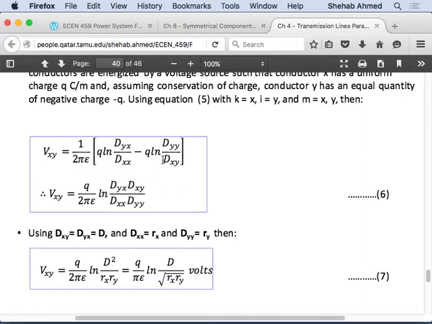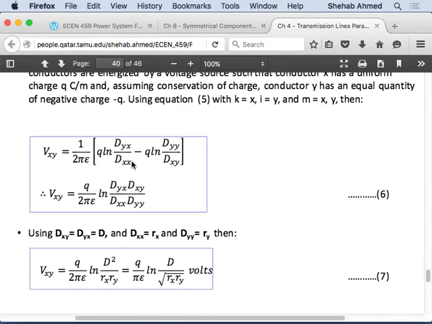So remember you had the d squared over r squared, and the squared caused this 2 to vanish, right? So now there's no squared anymore because this term is 0. If this term is 0, then there's no squared, so this 2 will not vanish. So what will happen to the voltage? It's 1 over 2 pi epsilon times q natural log d over r, right?